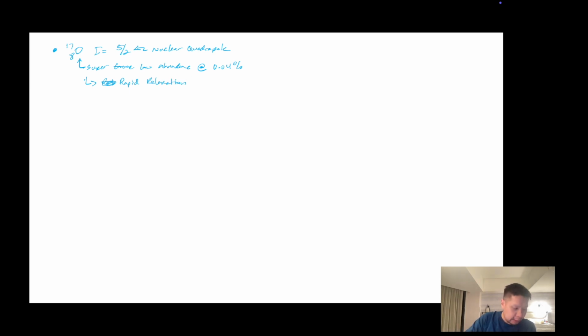It prevents sharp lines on the NMR, and this is explained by the uncertainty principle.